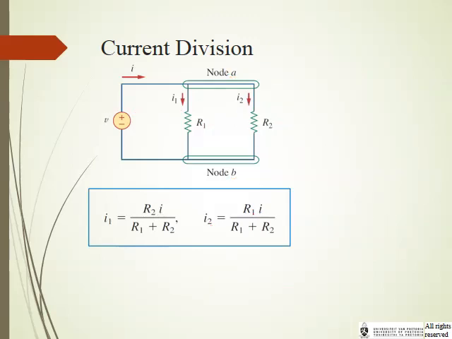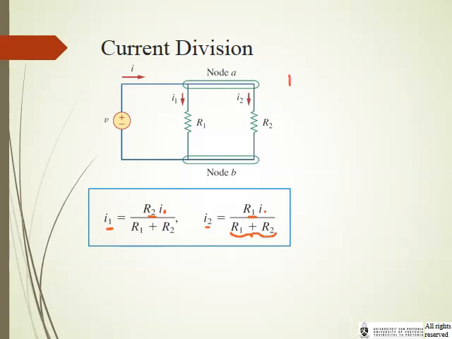When I do current division, if I want to know what I1 is, I need to put R2 at the top, multiplied by the total current. If I want to know what I2 is, I need to put R1 at the top and multiply by the current, and then I divide by the sum of the two parallel resistors.